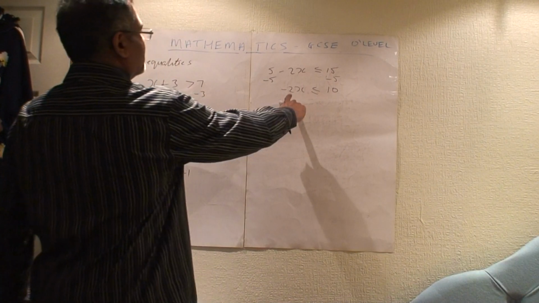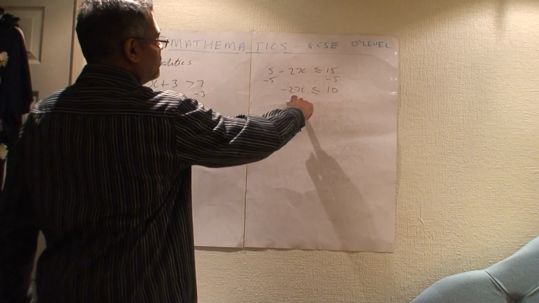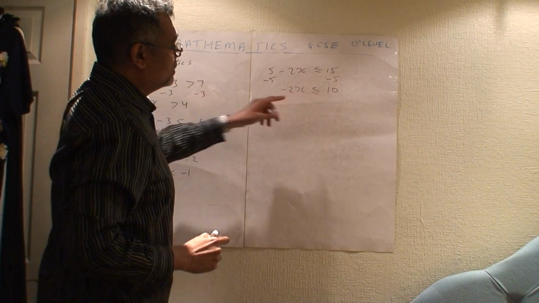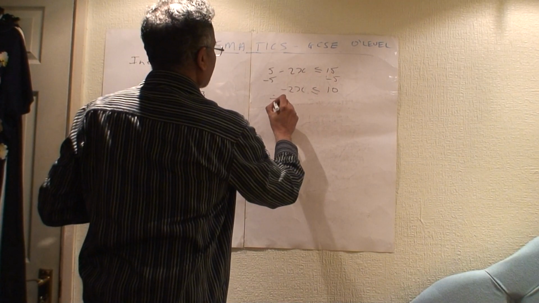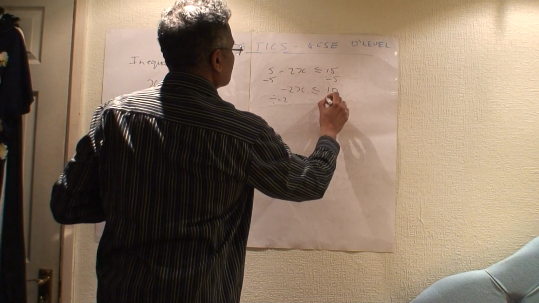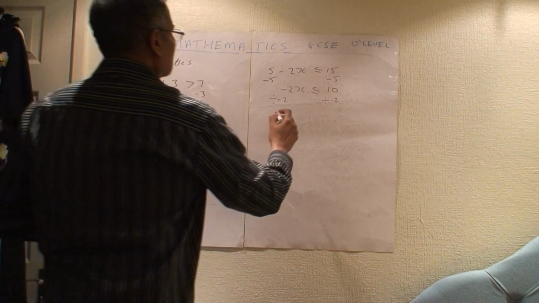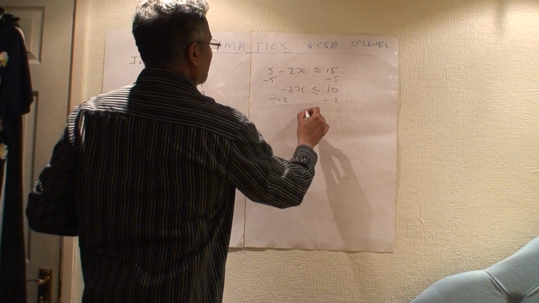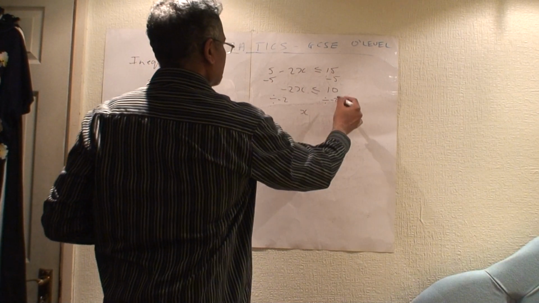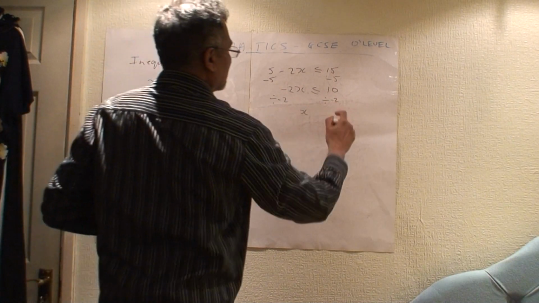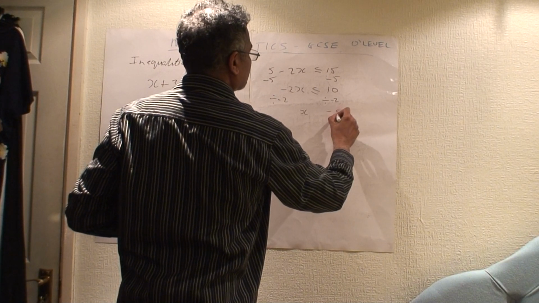Now, to get the x on one side, we have to divide both sides by minus 2. Okay, so that leaves us with x. 10 divided by minus 2 is minus 5.